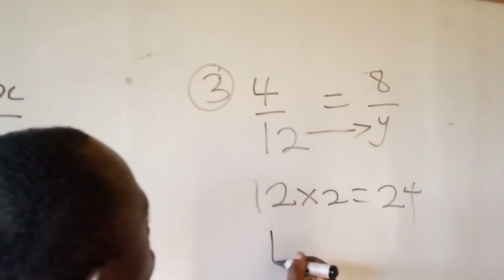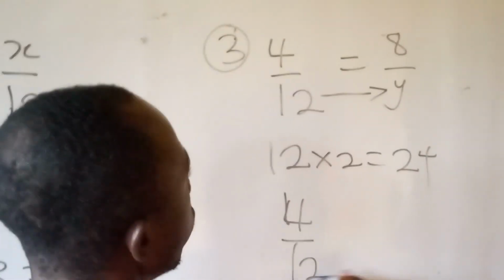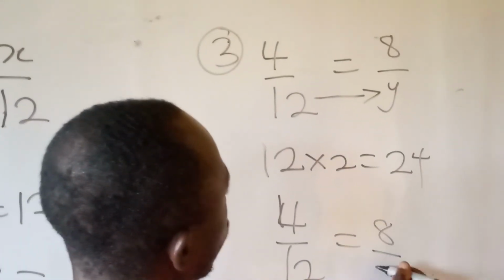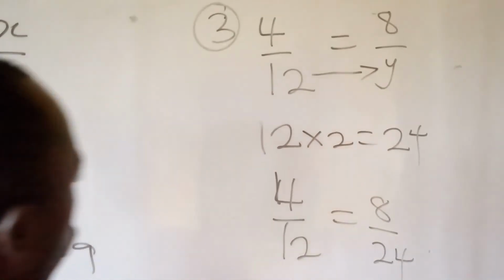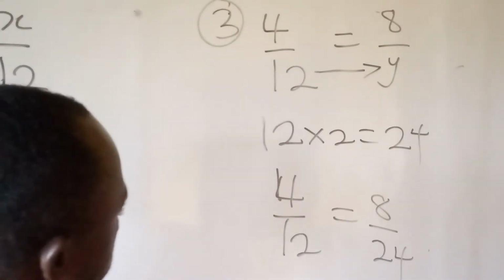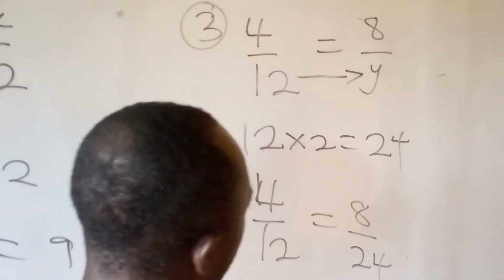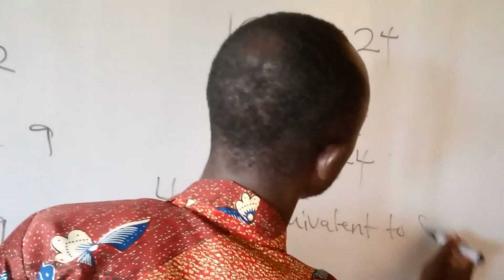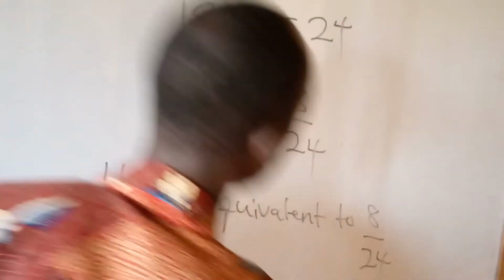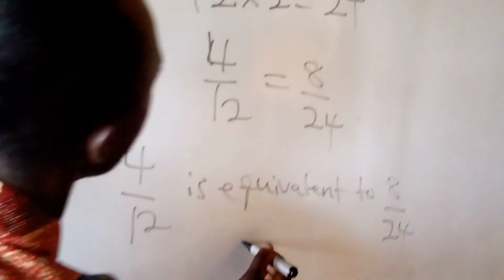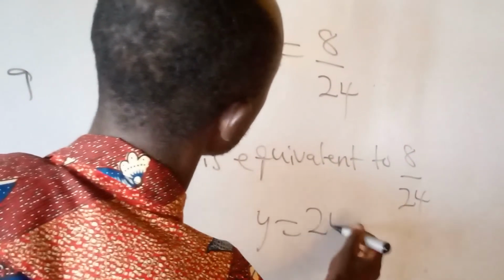This means 4 over 12 is equal to 8 over 24. So 4 over 12 is equivalent to 8 over 24. This means y is equal to 24.